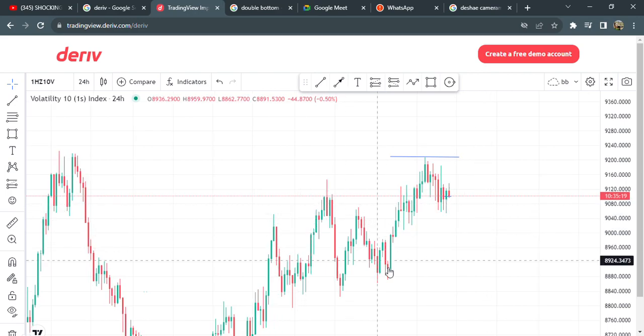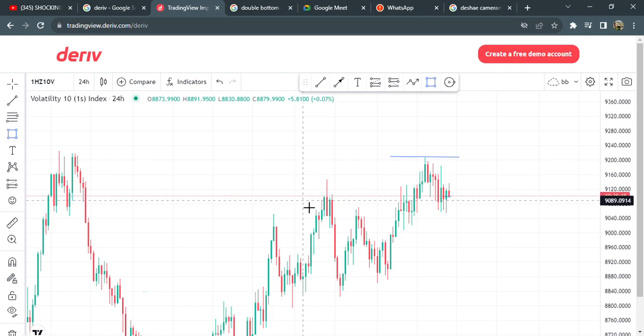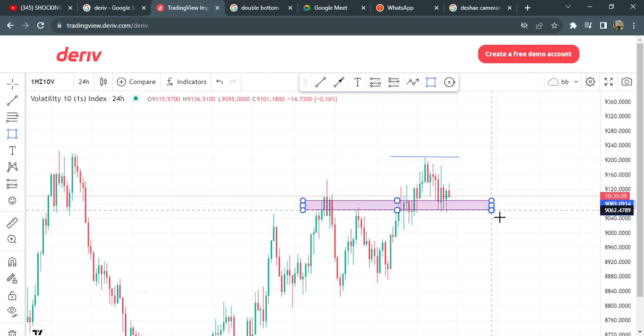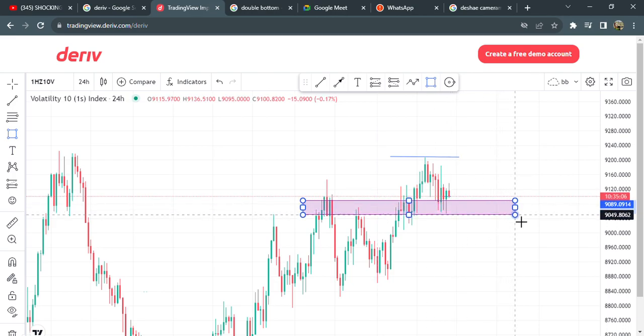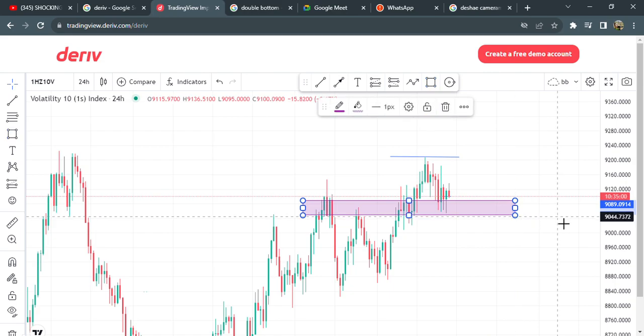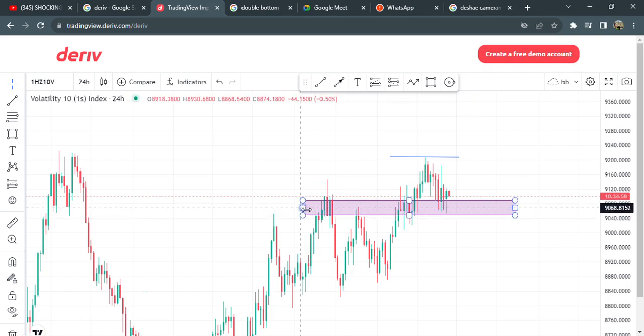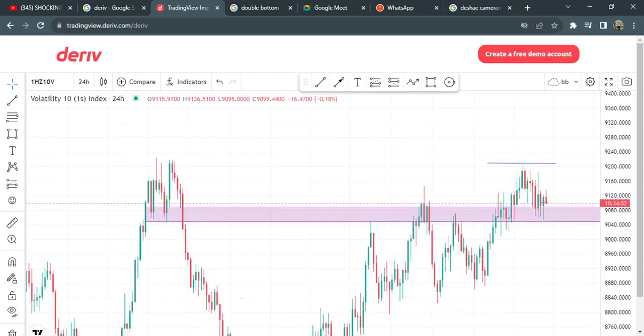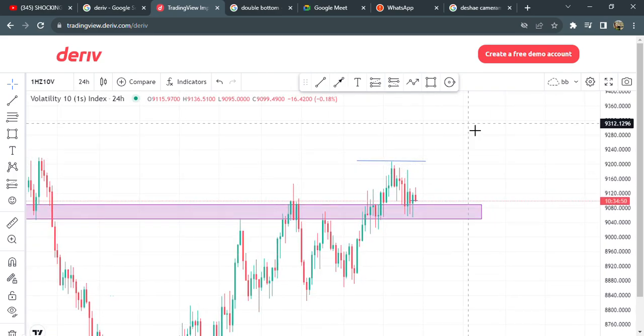And if I was to mark one of my points of interest here, where there was an impulsive movement, I'll obviously draw it on the body of the opposite candle, exactly there, and you can push it down the way you want.